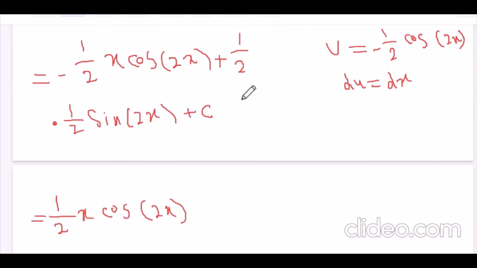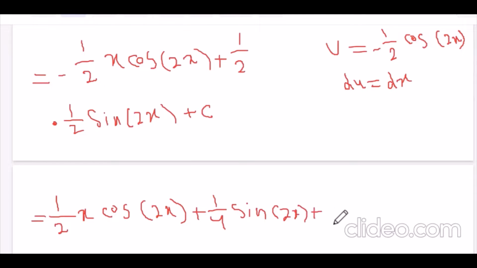So here we have 1 over 2 times 1 over 2 is 1 over 4. So plus 1 over 4, and I'm going to keep the rest as it is. So sine 2x plus c.